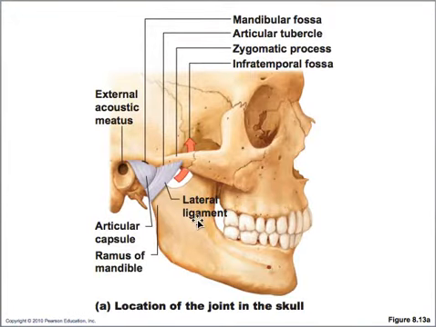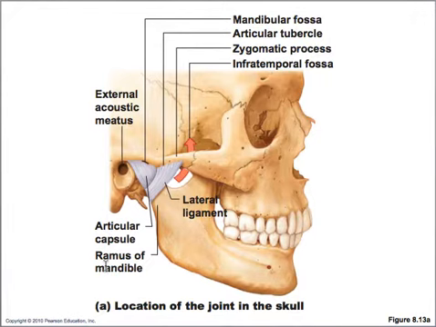Here's a picture. We have our mandible attached to our temporal bone. We have our external acoustic meatus. That's our meatus, right? A hole or opening in the bone. That's where our ear fits in. We have different fossa, processes, tubercles.